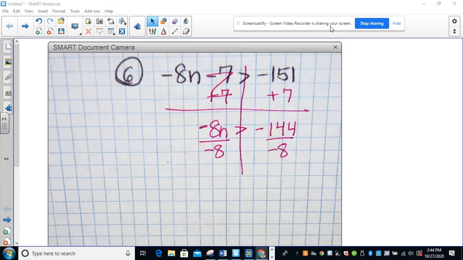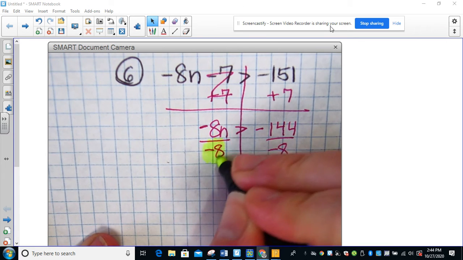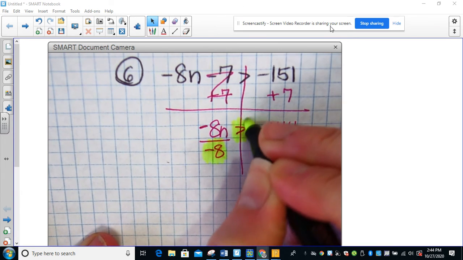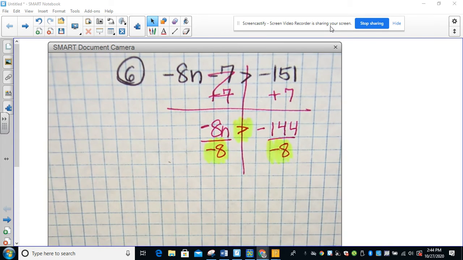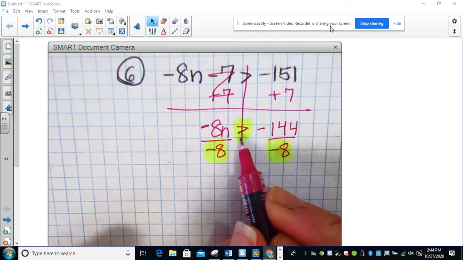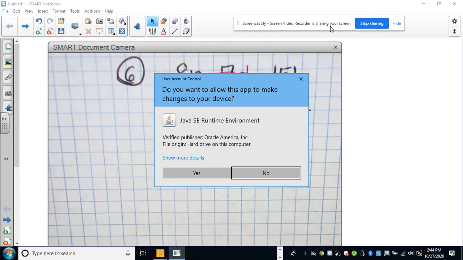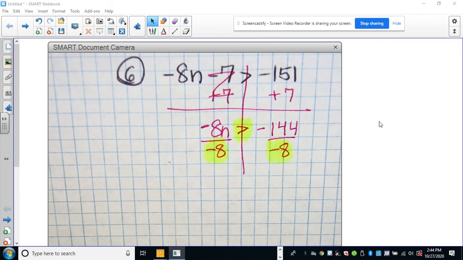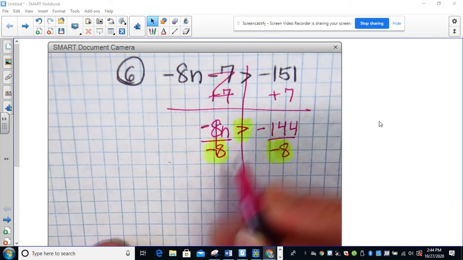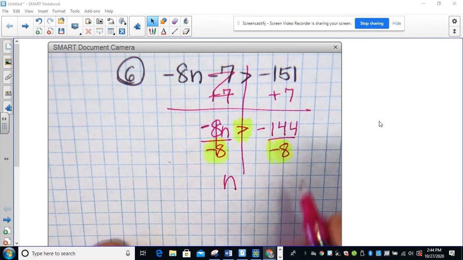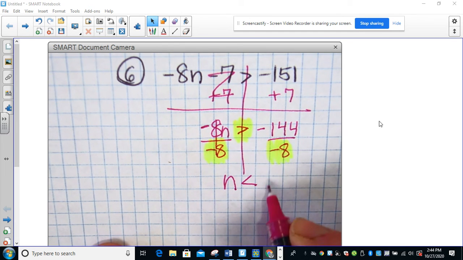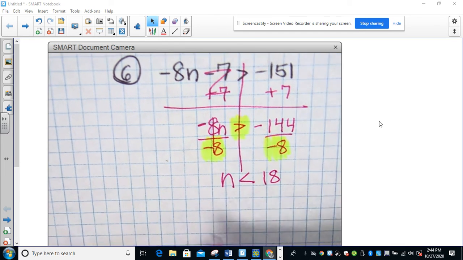Here we go again. Divided by a negative. When that happens, that should be a sign for you that you have to flip the inequality. So that's gone. So now you have n instead of greater than, it should be less than. Negative divided by negative is a positive, and that's going to be an 18.